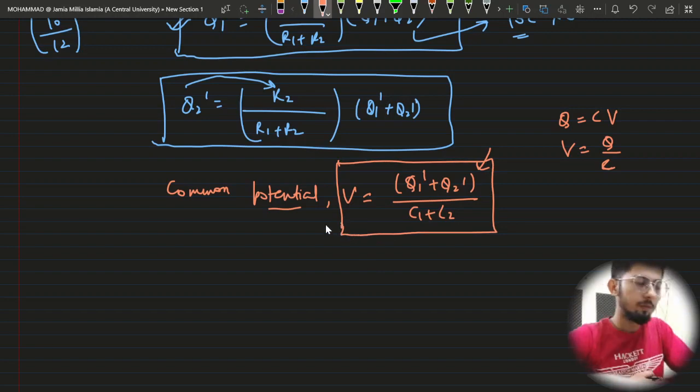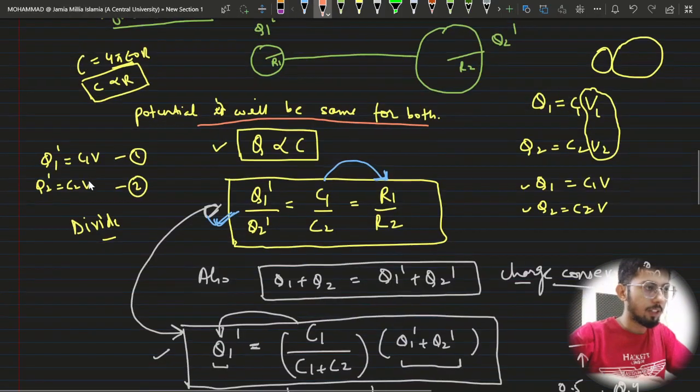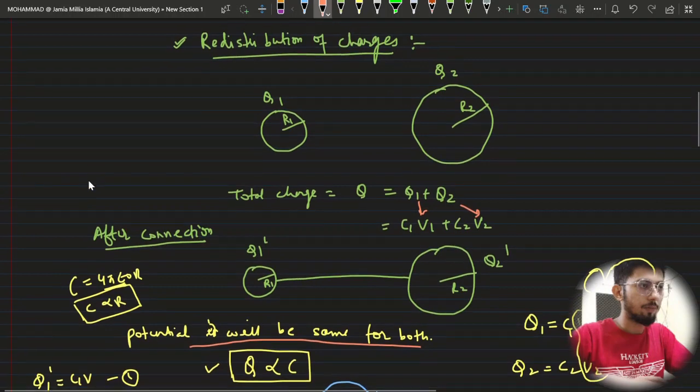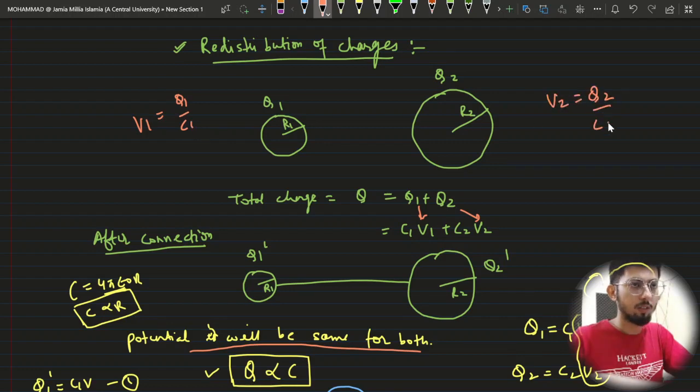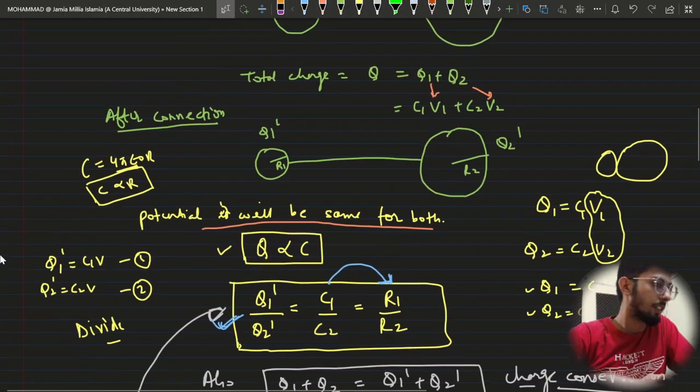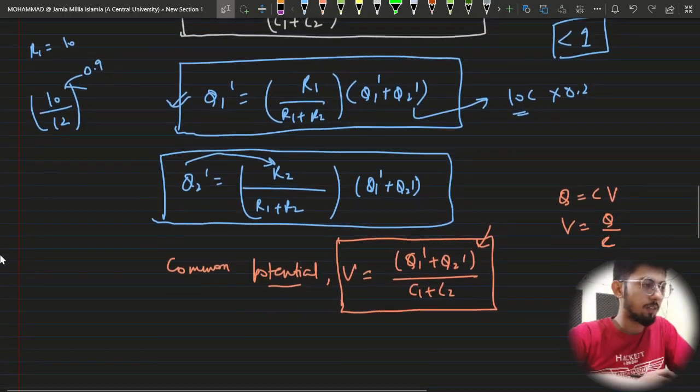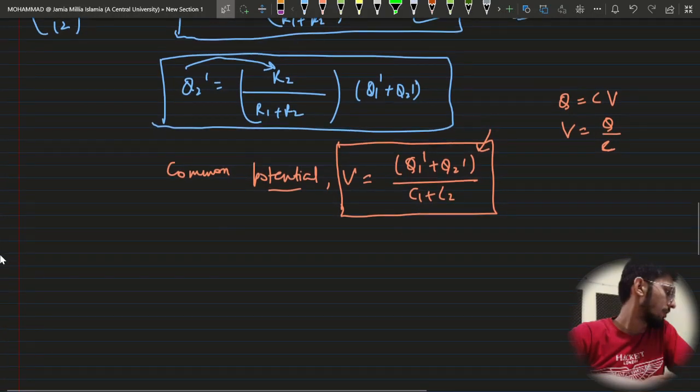But individually, when it was not connected, it was something else. V1 was how much? Q1 by C1, and V2 was Q2 by C2. So that's how distribution of charge takes place. We'll do a question on it, I think.